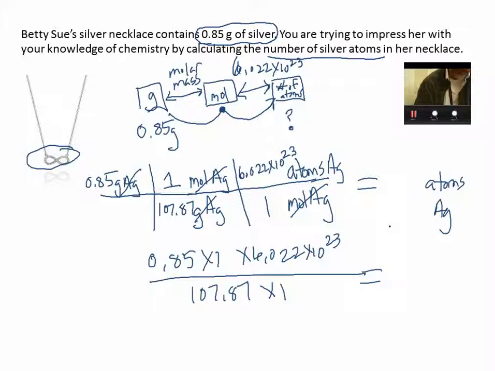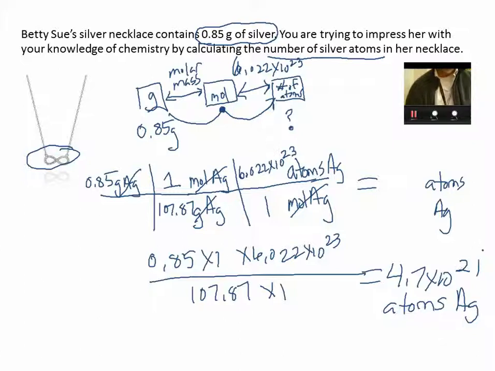I get that answer, and then I'm going to divide it by 107.87 times 1. And you should get, let's use 2 sig figs, I'm going to round it off to 4.7 times 10 to the 21st atoms of silver.